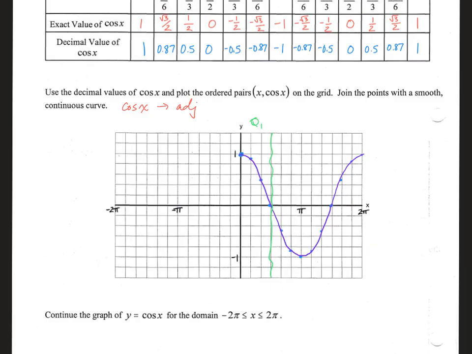Well, if my terminal arm is straight across, then my adjacent side is as long as what it could be, so a length of 1. And as soon as my terminal arm begins to rotate, my adjacent side gets shorter, until we get to pi by 2. And when my terminal arm is vertical, I have no adjacent side, so a value of 0.